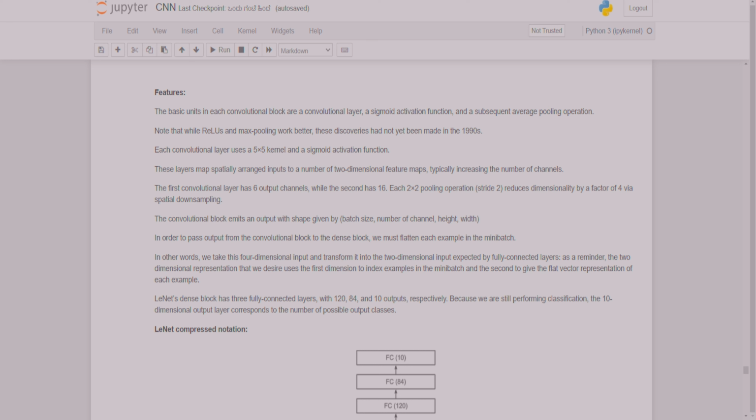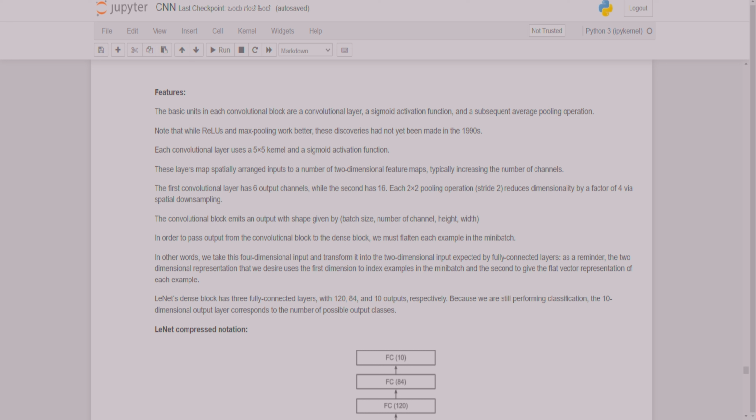Maybe it's a 4-dimensional case: batch size, number of channels, height, and width. So 4 values are there, corresponding to each of them. You see a 4-dimensional input transformed into a 2-dimensional case for a fully connected layer. Fully connected layers work with 2 dimensions, whereas whatever comes from the input is considered 4-dimensional data.